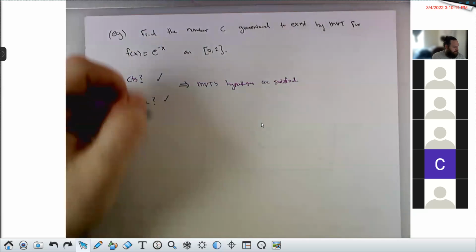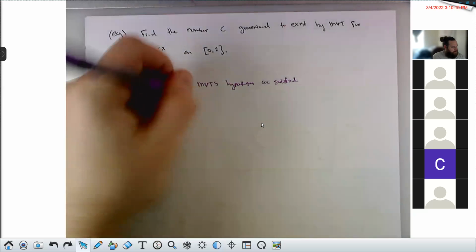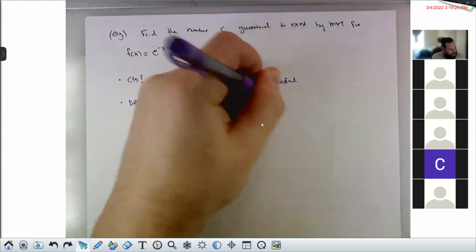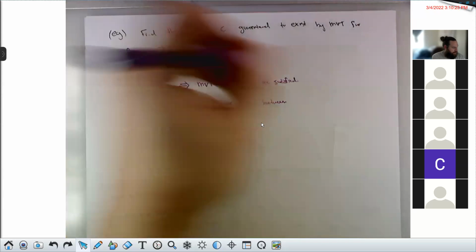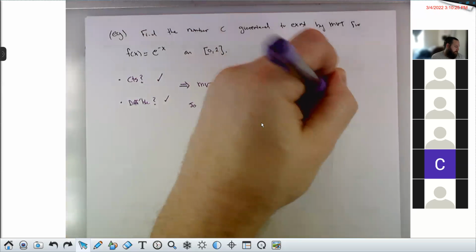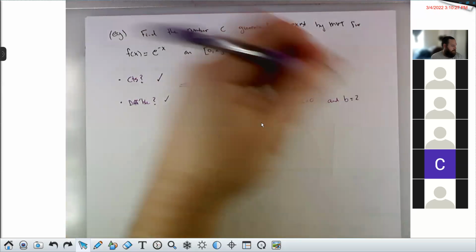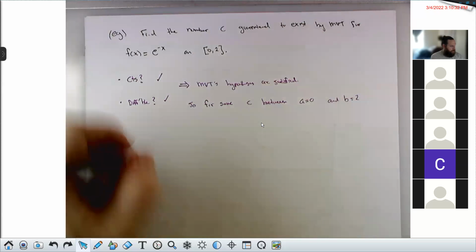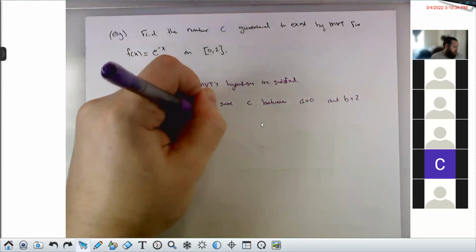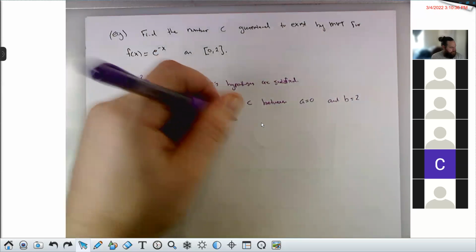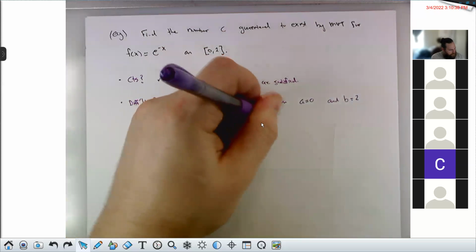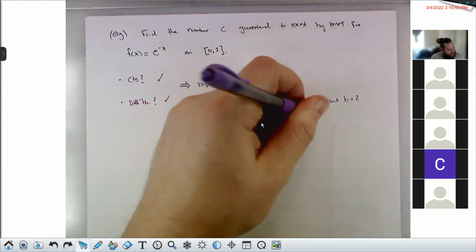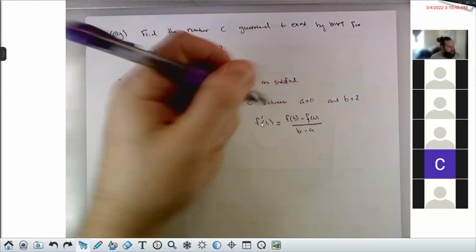Okay, well then what MVT says, so for some C between a equals 0 and b equals 2, right? The interval is the interval a, b, so this is a, that's b. We must have f prime of c is equal to f of b minus f of a over b minus a.